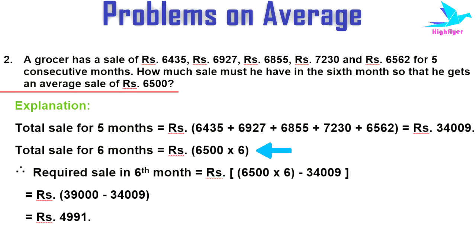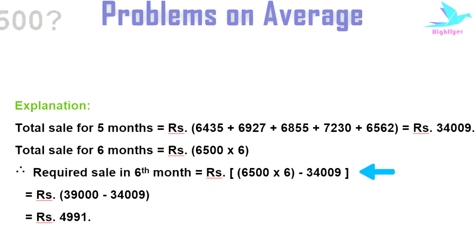So the required sale for the 6th month will be rupees 6500 into 6 minus 34009. That means total sale for 6 months minus total sale for 5 months. So by solving this equation, we'll get the answer as rupees 4991.